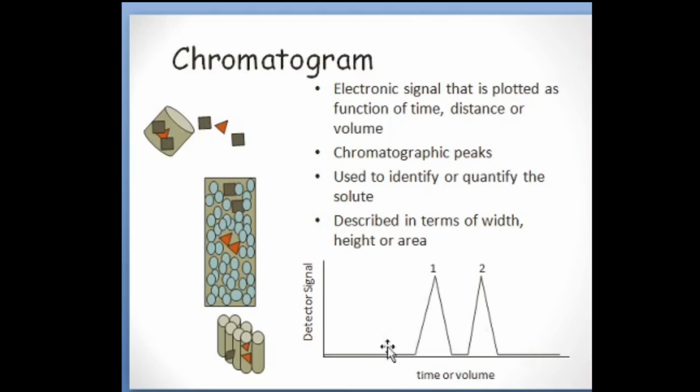They are described in terms of width, height, or area. These peaks are for different sample components: one for one sample component, two for another. So a chromatogram is nothing but an electronic signal plotted as a function of time, distance, or volume.